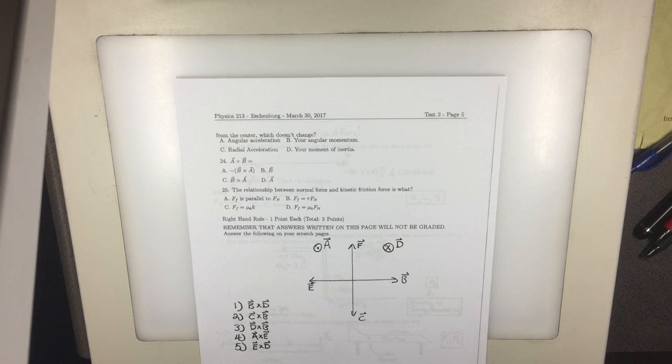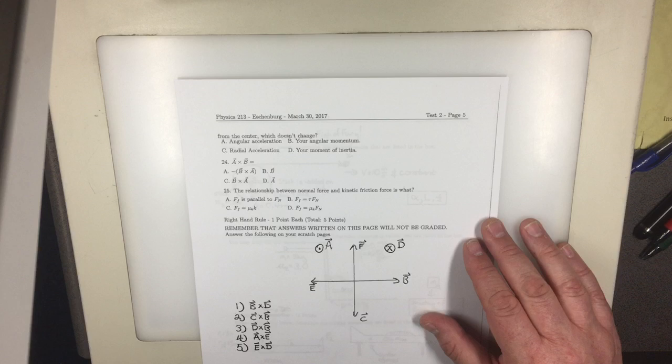So your radial acceleration is changing. It's A, angular acceleration. The disk is not changing its rotation. If it was speeding up or slowing down, it would change. The angular acceleration is not dependent upon your position on the disk. Your radial acceleration is. Your moment of inertia and angular momentum are, but not angular acceleration.